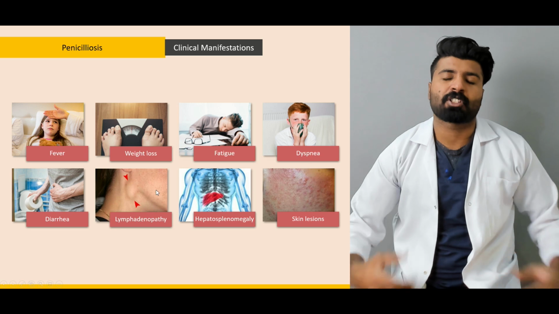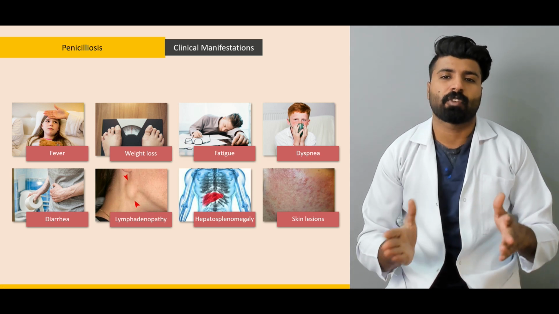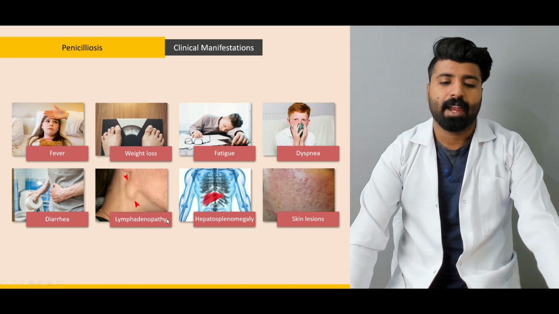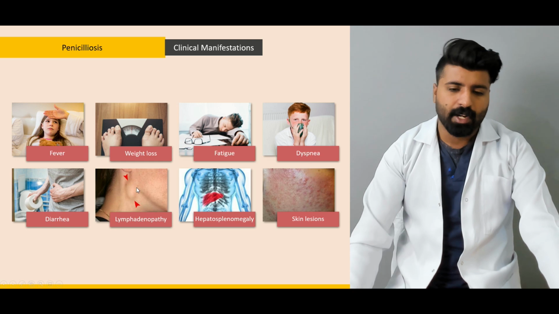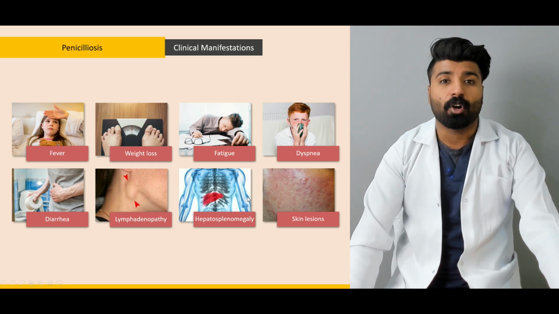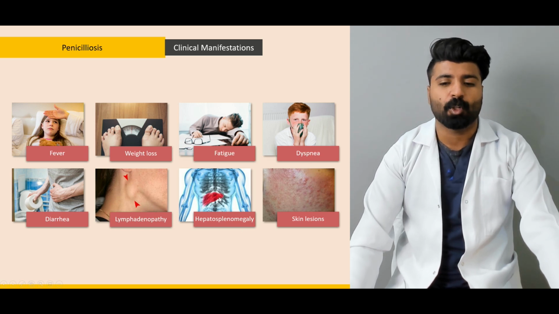Lymphadenopathy, we talked about, it's going to affect what? Solid organs or other lymphoid structures. So it will lead to lymphadenopathy. And when will that happen? After its hematogenous spread, right? Hepatosplenomegaly, we talked about the reticuloendothelial system being affected, right? So when it is affected, it will lead to hepatosplenomegaly.